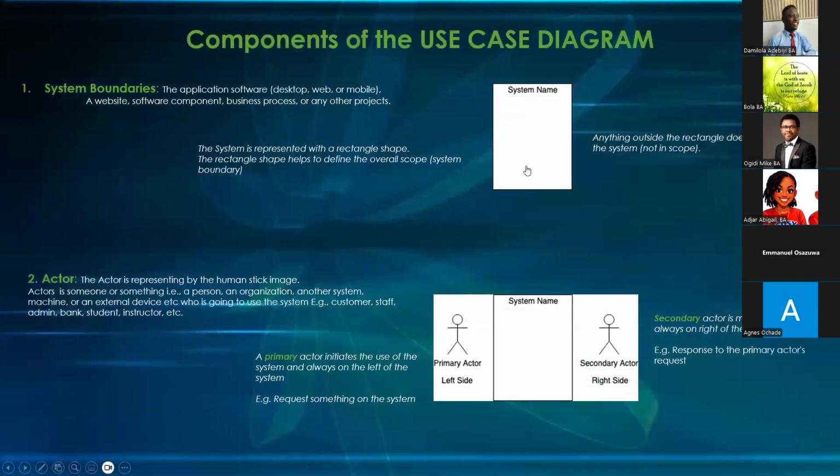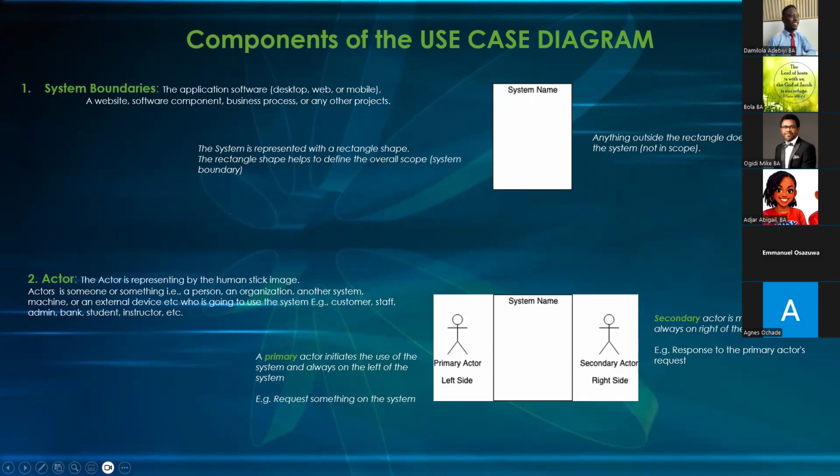Okay, let's start with the first component, which is the system itself, the system boundary. That's the first component. This is the scope of what we are trying to build. Everything inside this rectangle box is what the users or the actors are going to be doing.